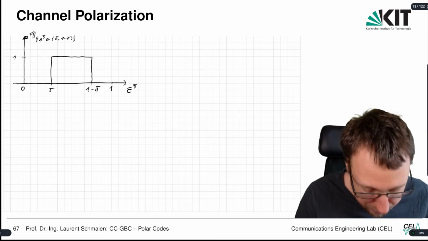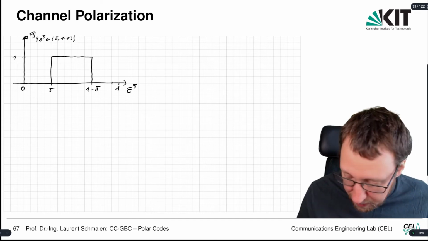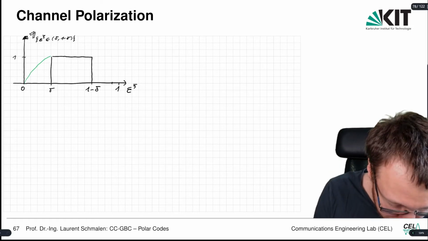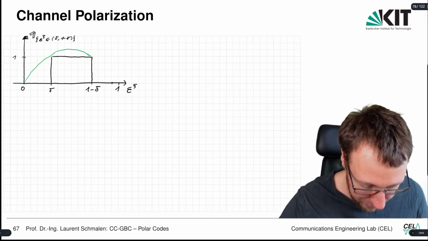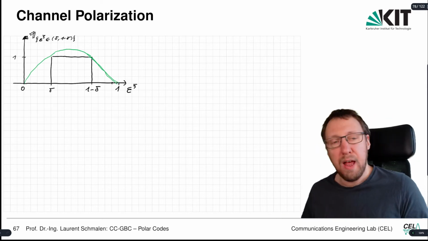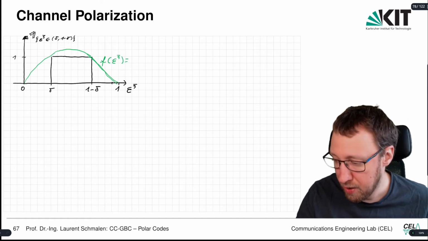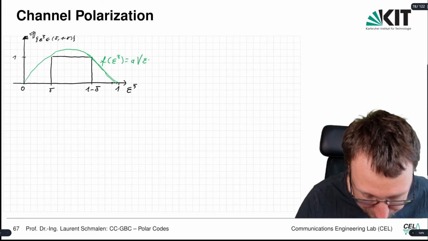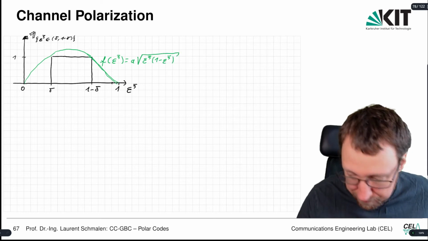So what we're going to do is bound this function with a nicer looking function. We're going to do a very rough approximation. We assume that we have a function that again looks like a copula, similar to the ugliness before. And we assume that this function f of epsilon S bar is equal to a times the square root of epsilon S bar times 1 minus epsilon S bar.